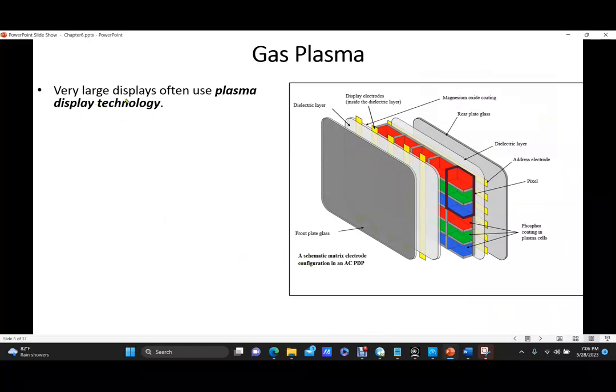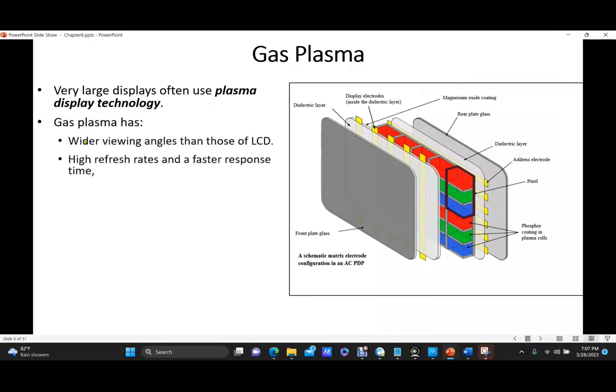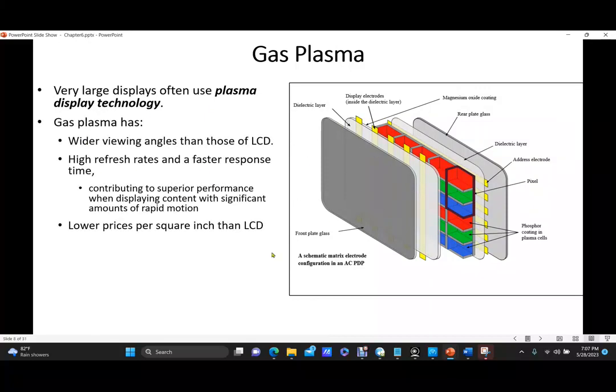Very large displays can be implemented using plasma display technology. Gas plasma has wider viewing angles than LCDs, higher refresh rates, and faster response times.